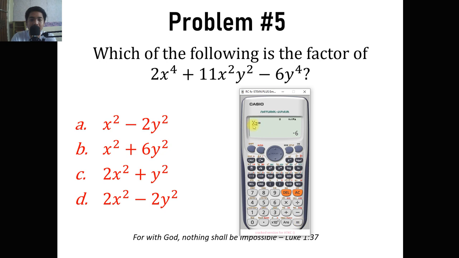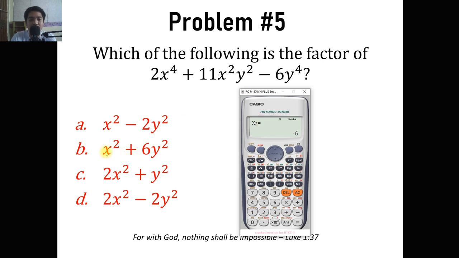So we have x squared in our calculator equals negative 6y squared. Again, we multiply by y squared because we have a y squared here. So x squared equals negative 6y squared. If I transpose negative 6y squared onto the left side, it becomes x squared plus 6y squared.